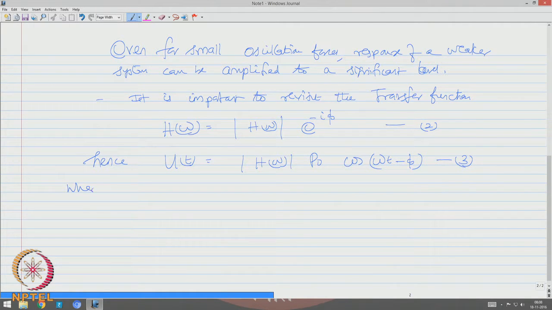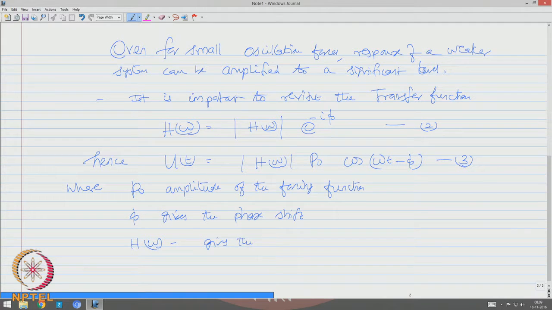where P 0 is the amplitude of the forcing function and phi gives the phase shift. And of course, as we agree now, H omega gives the amplitude magnification.